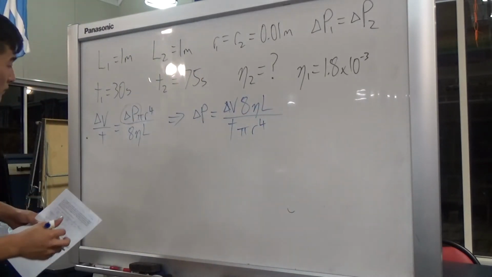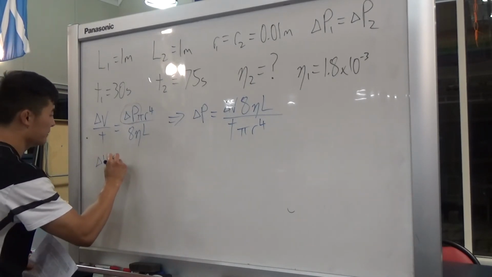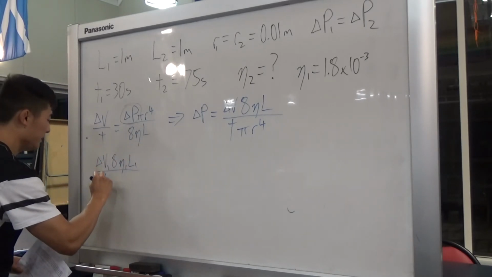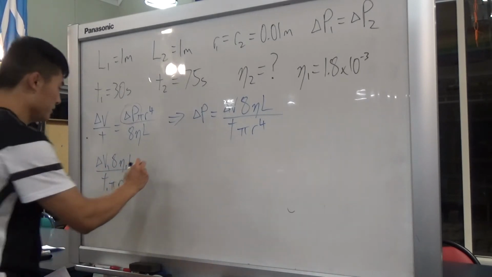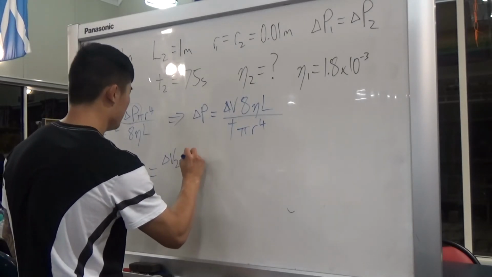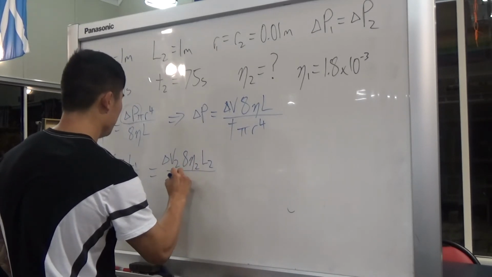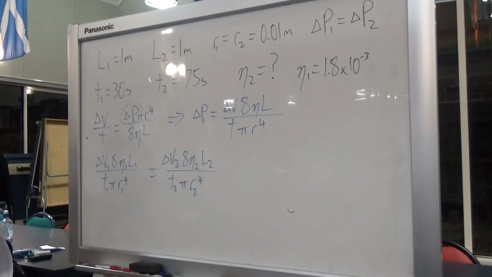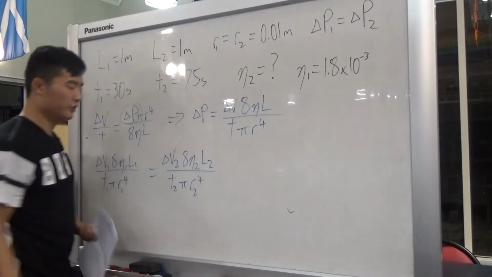Okay, so that means that delta V1 times 8 times viscosity 1 times length 1 over T1 times pi times R1 to the 4th power is equal to delta V2 times 8 times viscosity 2 times length 2 over T2 times pi times R2 to the 4th power. Okay, so this is delta P1, delta P2, because we know that delta P1 is equal to delta P2.